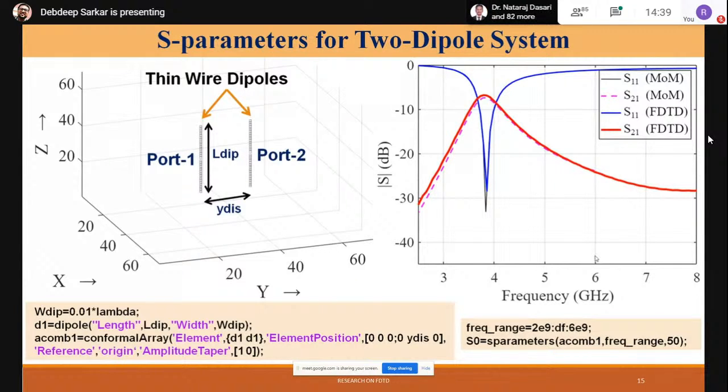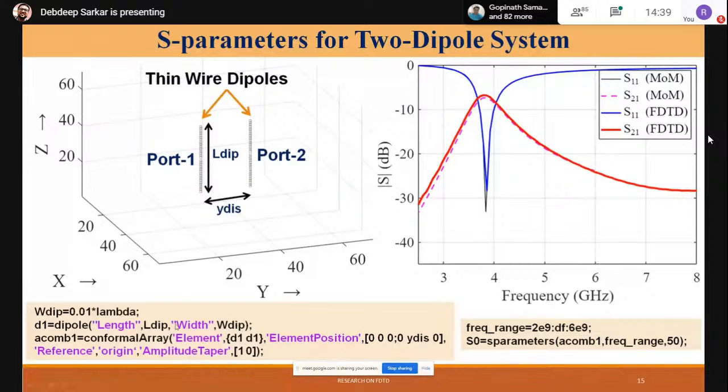Instead of using those commercial solvers, I wrote the entire code in Matlab itself. So I thought, why not use the Matlab antenna toolbox to find this out, which basically operates on the method of moments principle. I believe that has already been covered in the first part of today's lecture, how to use the Matlab antenna toolbox.